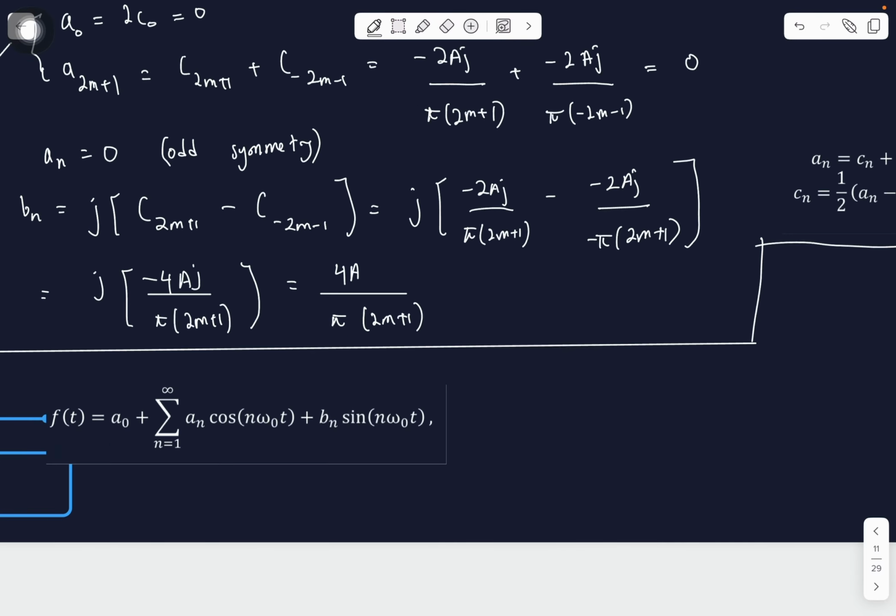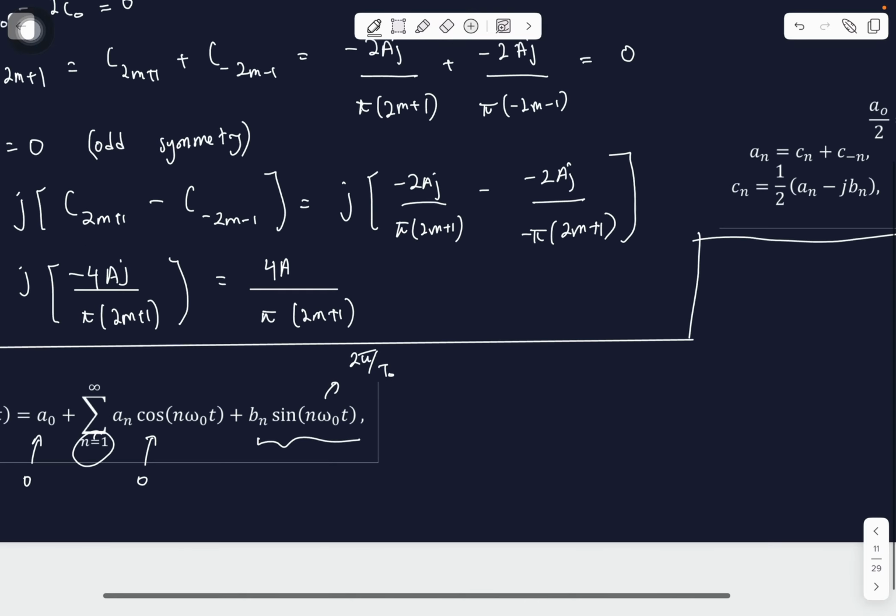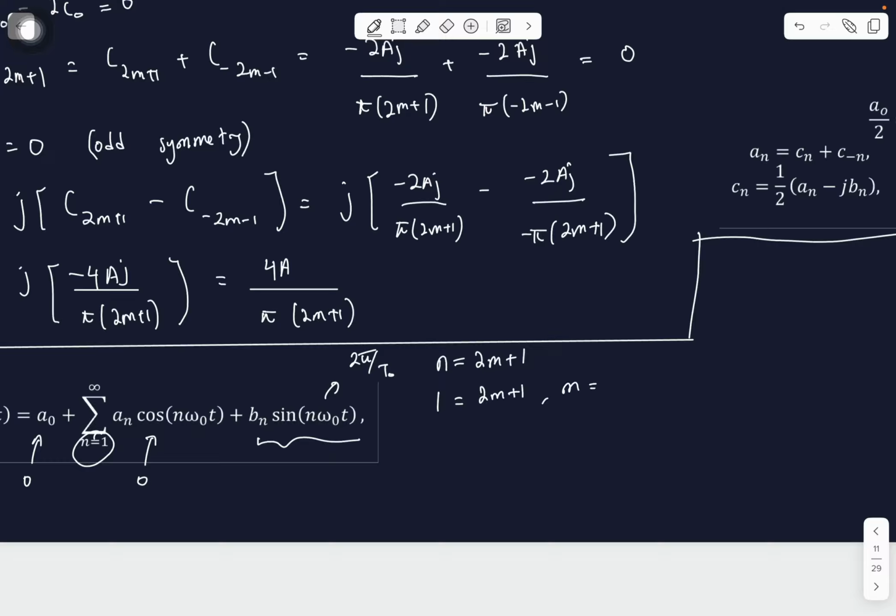طيب ده 0، ده 0، عندنا بس الترم ده omega naught بتساوي 2 pi over T naught. والسميشن بيبدأ من n equal 1، لكن احنا عندنا it's only valid when we let n go to 2m plus 1. So when n tends to 1, m tends to 0.